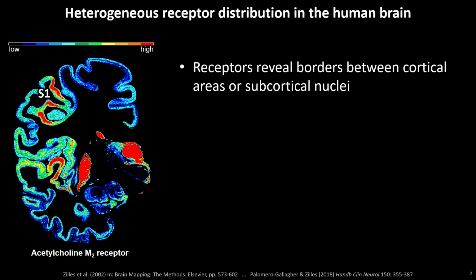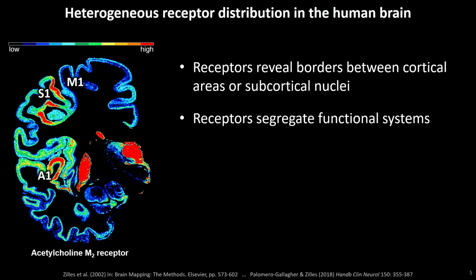Not all receptors reveal all possible borders, but some areas are grouped together, building families of neurochemical structures, which is good, because this way these areas can build networks.